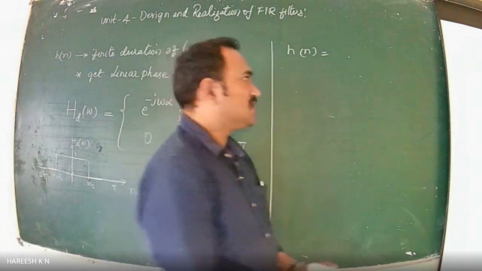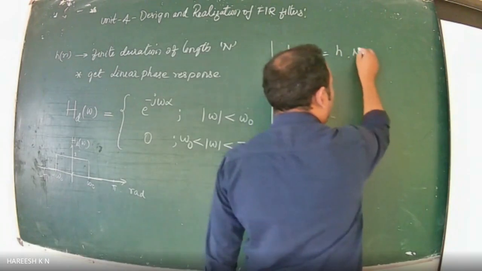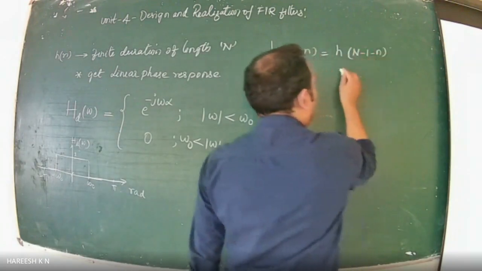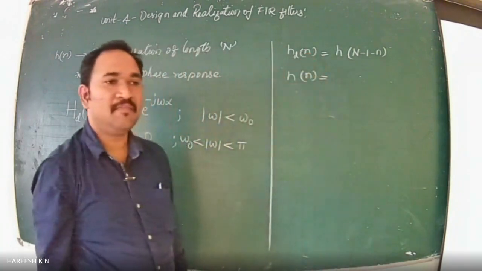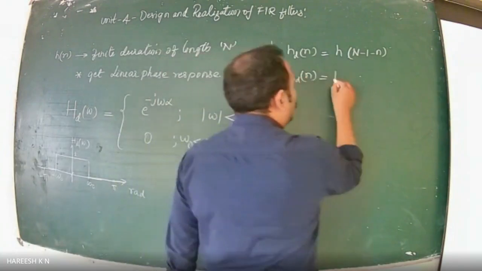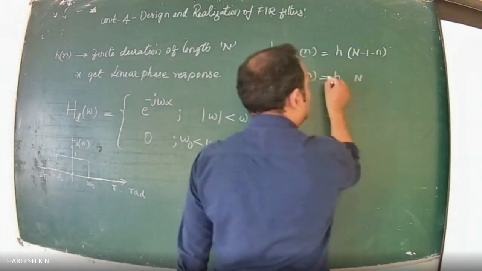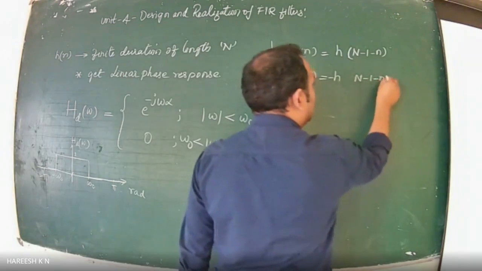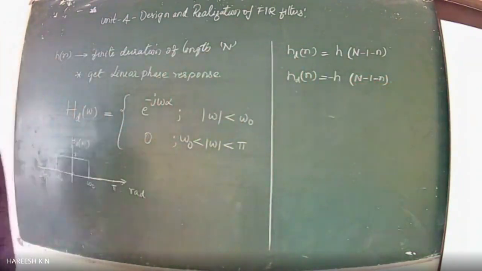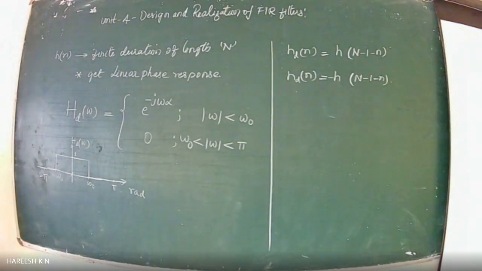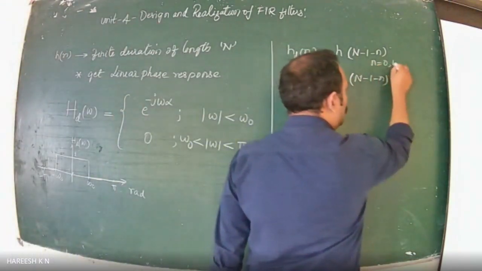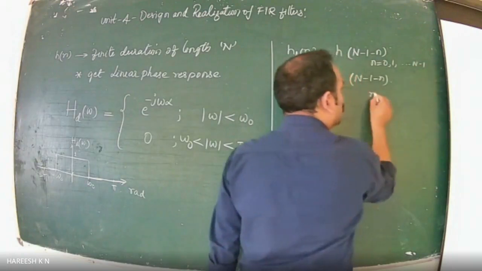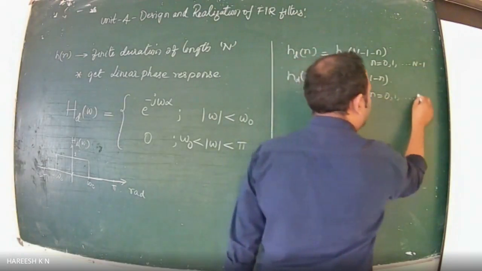If it is symmetric, it will be h of n equals h of N minus 1 minus n, and if it is anti-symmetric, the desired impulse response will be h of n equals minus h of N minus 1 minus n, for anti-symmetric type of impulse response, where n will be varying from 0 to capital N minus 1 as well. Here n is varying from 0, 1 to N minus 1. Here also n is varying from 0 to N minus 1.